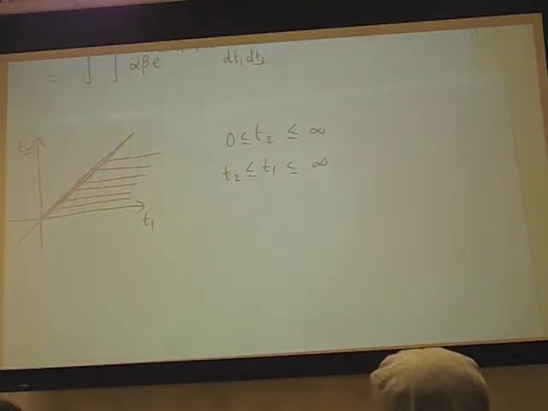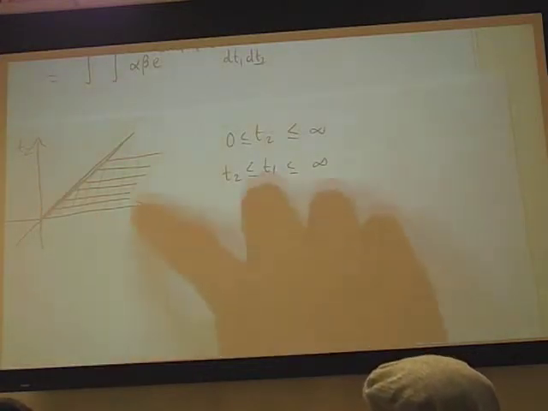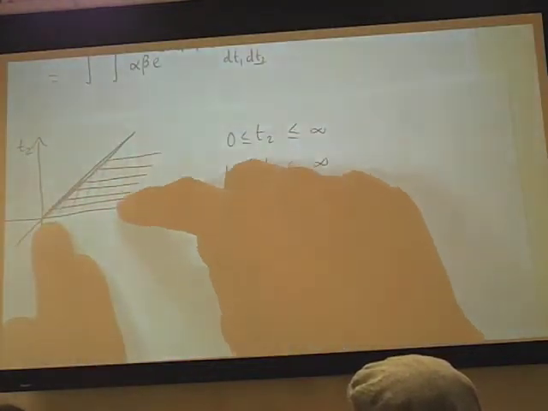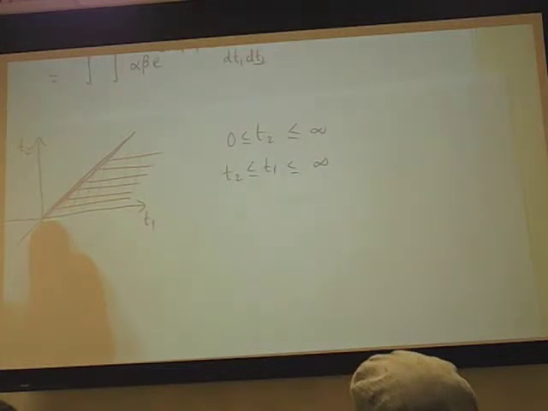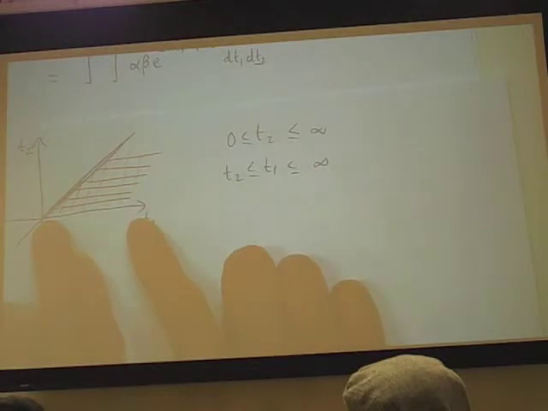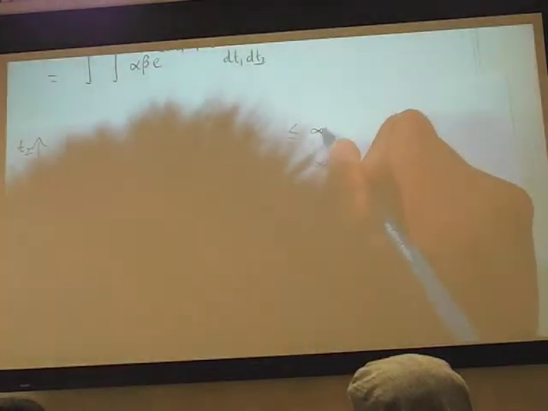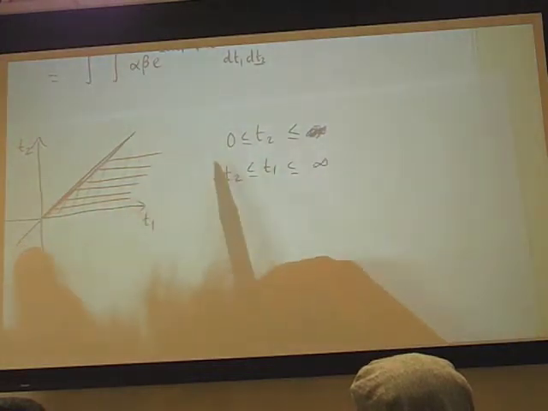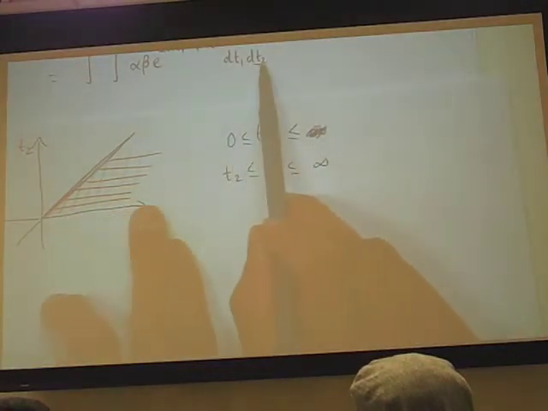The limits for T2, 0 to infinity, but T2, that's going up. I think the limits for T2 should be, why would it be T1? 0 to T1? Because this thing right here, I'm looking at the T2, right?